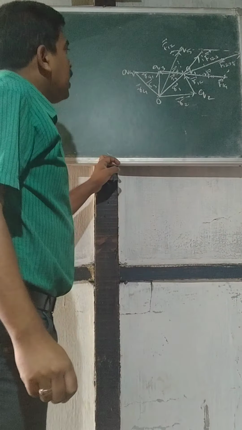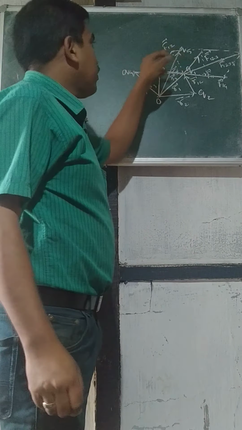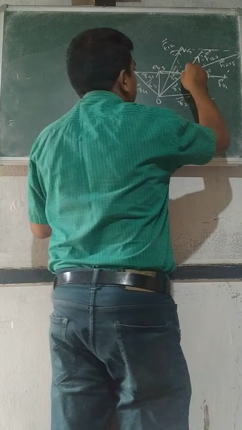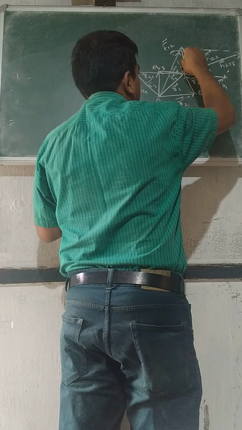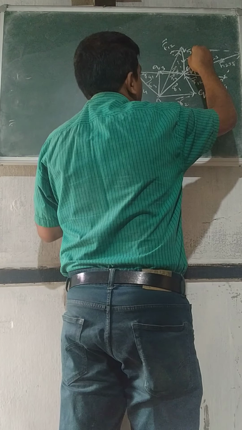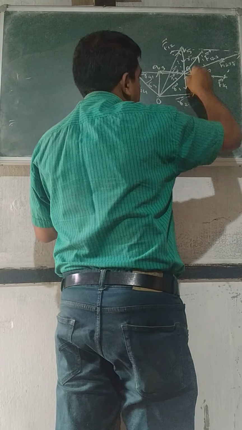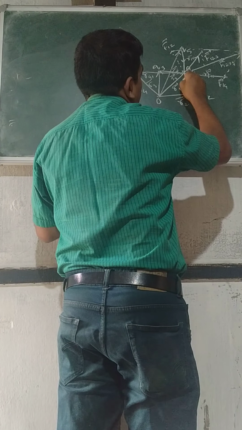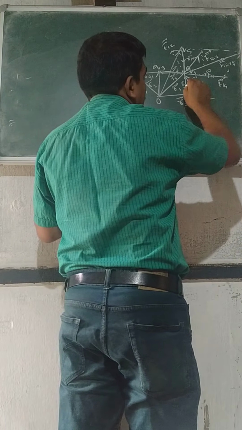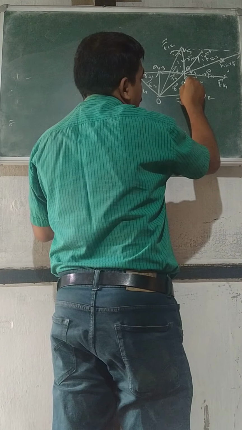Now lastly, Q5. Q5 is this one. The force between Q5 and Q1 is given by this expression, R15, and the direction will be this side, F15. So the final result will be F1234 plus F15.